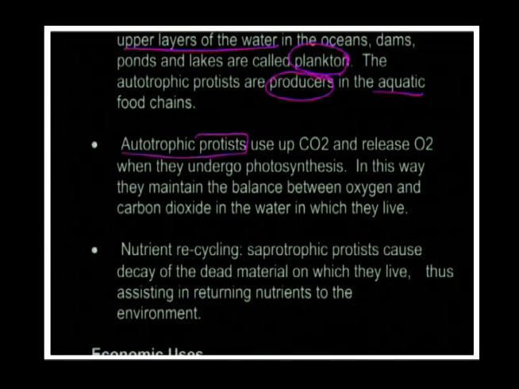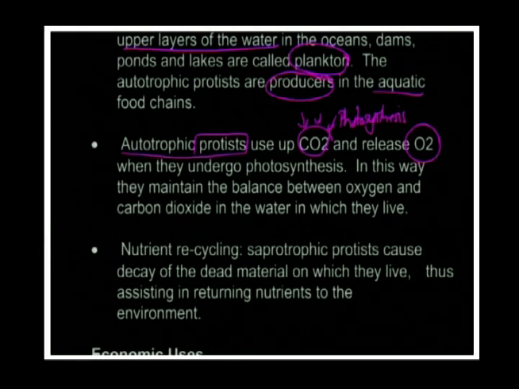But that's not all that they do. You will find that autotrophic protists, and especially those plankton on the top of bodies of water, are going to take in carbon dioxide. That carbon dioxide is always taken in for the process of photosynthesis. So that's very important, because our autotrophic protistans are reducing our carbon dioxide levels.